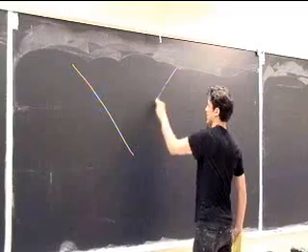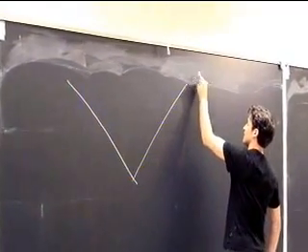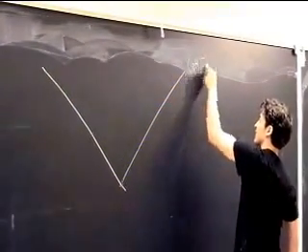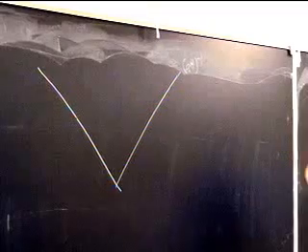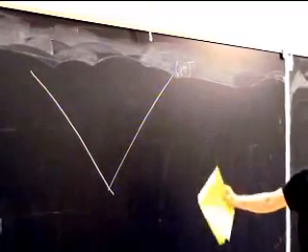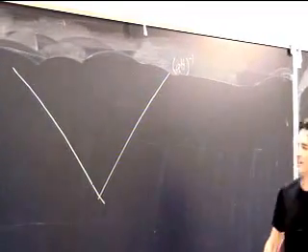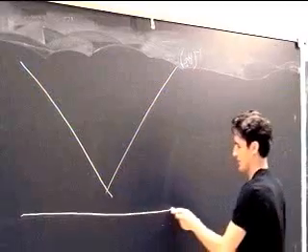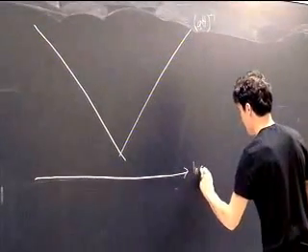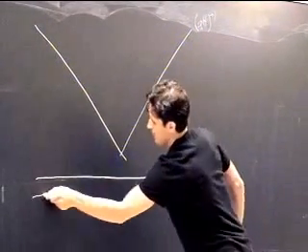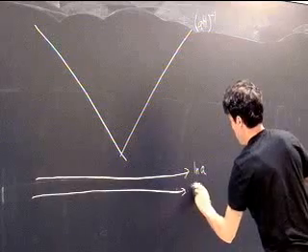favorite diagram. I'm going to draw this until you're truly sick of it. This is just the co-moving Hubble radius as a function of scale factor, or conformal time.